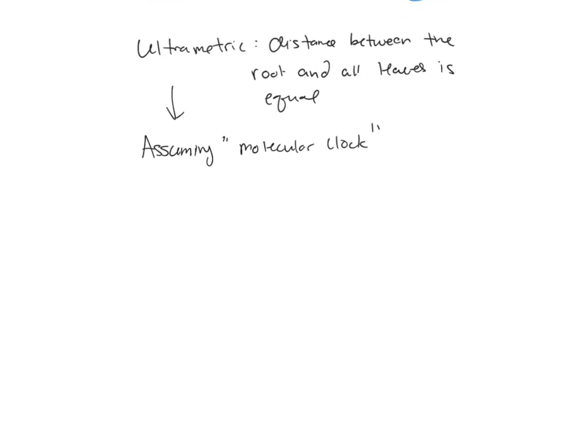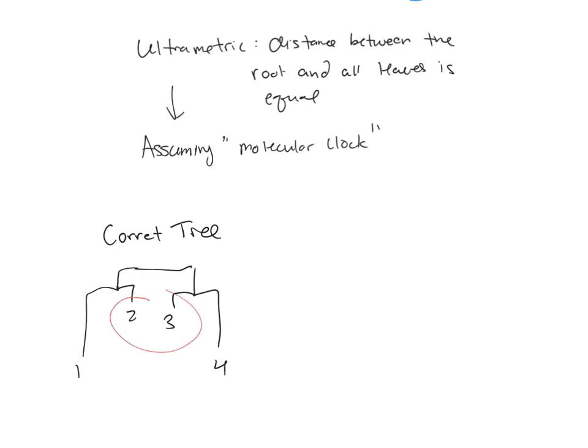But the additional problem is that let's imagine we have a case where we have a correct tree here. And this correct tree looks a little bit like this. If we apply this algorithm, this is UPGMA.